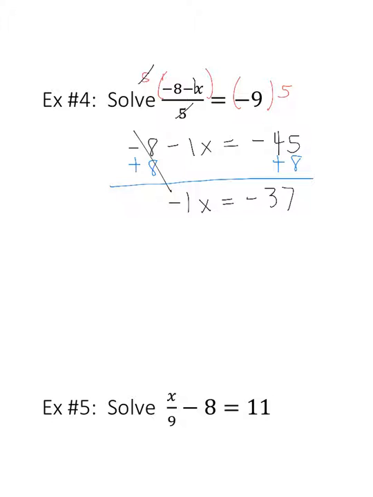So if it's being multiplied by a negative 1, then I'm going to do something to both sides that will get rid of it. So I'm going to divide by negative 1 on both sides. So negative 1 divided by negative 1, those undo each other, and the only thing you're left with is x. And then over here, negative 37 divided by negative 1 is just a plain old 37. So, there's your answer for that one.